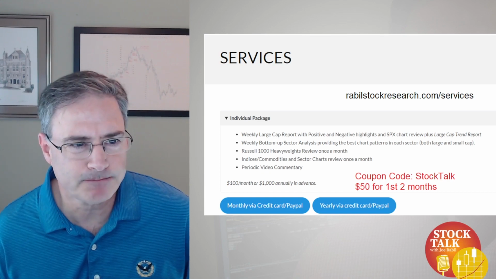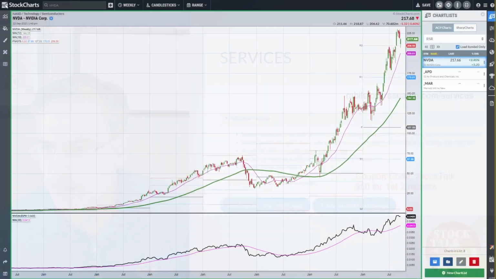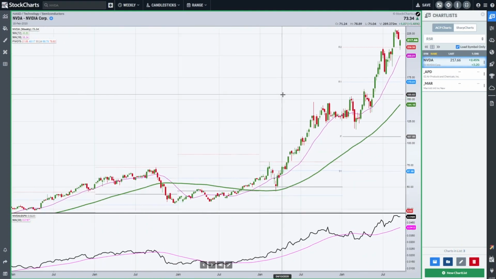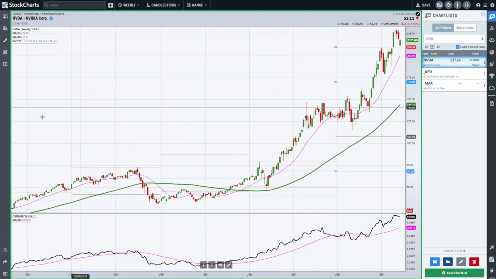So I want to go into this discussion on relative strength, and I've got 3 different stocks that I want to look at. The first thing I want to do is look at NVDA, and I'm looking at it during this period.